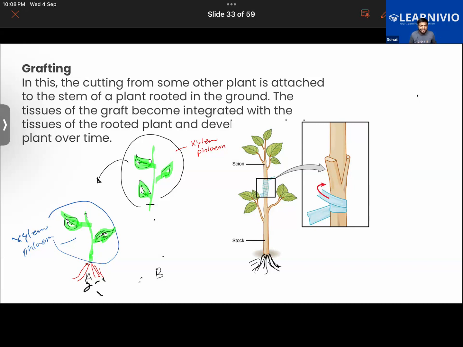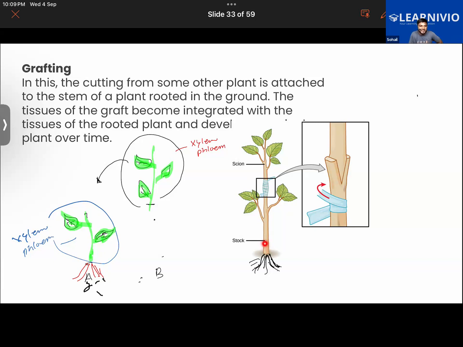In the method of grafting, the stalk is the rooted part of the plant, while the scion is the part that is grafted onto the stalk. So this stalk is the rooted part that provides the root.